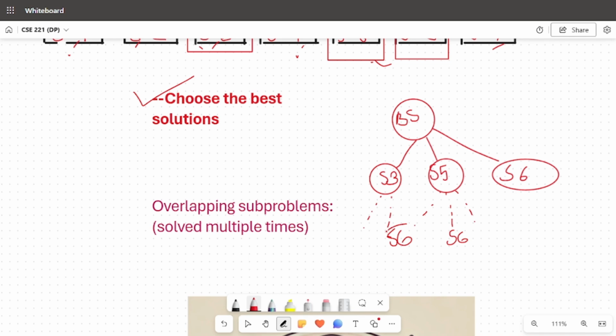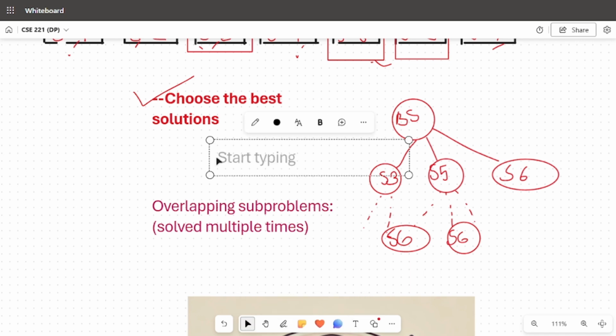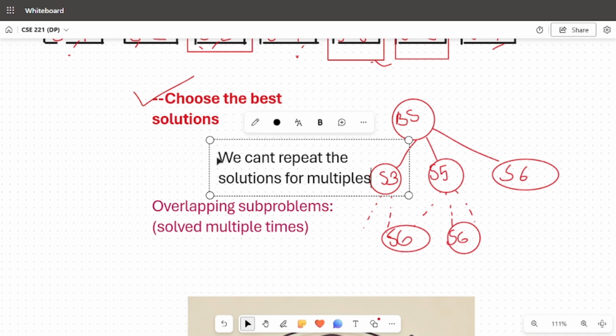So we got repeated subproblem 6, right? We got two solutions in one tree. So what we have said is we cannot repeat the solutions multiple times.